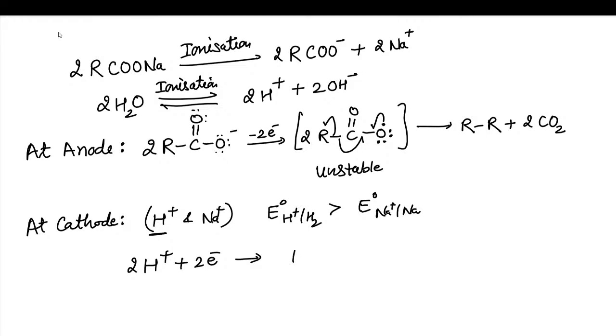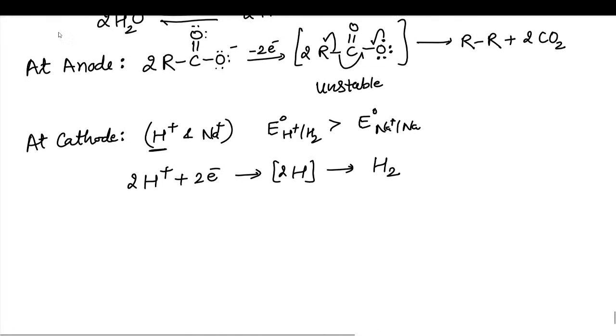First we get hydrogen atoms, 2 hydrogen atoms, but hydrogen atoms are highly unstable, and therefore we get H2 gas. H2 gas is formed at the cathode. Kolbe's reaction laid the foundation for the development of organoelectrochemistry.